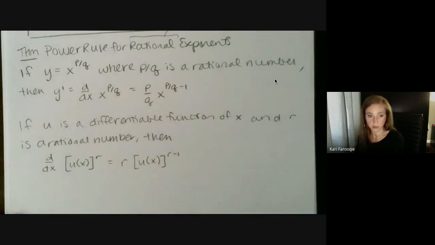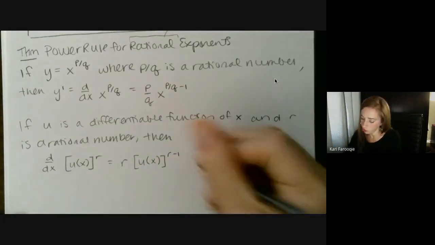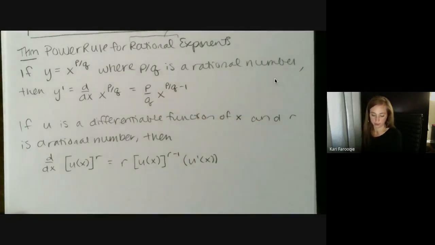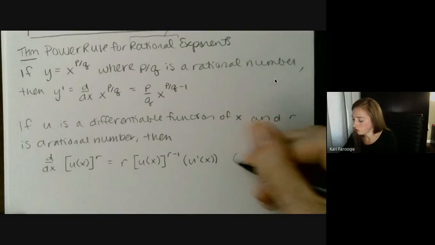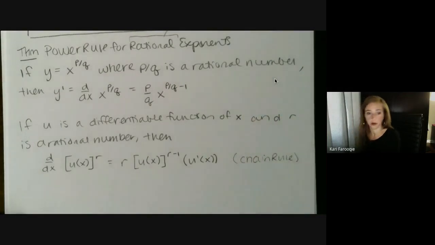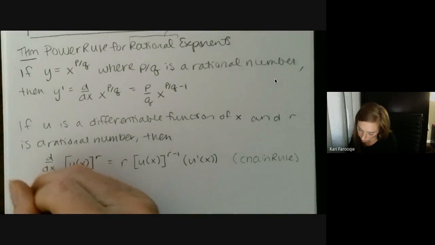Take 1 off the power, chain on the derivative of the inside function. So this is basically just saying you can use the chain rule with this power rule for rational exponents. This is provided u to the r and u to the r minus 1 are defined.